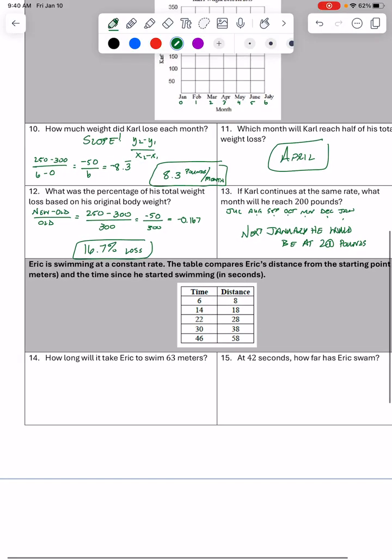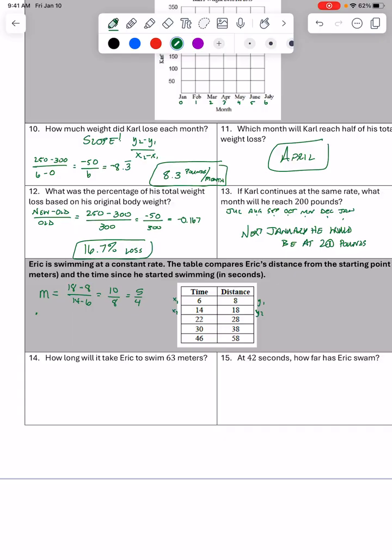Since we have a table here, we can find a slope. Let's just call this x1, x2, y1, y2, right? So 18 minus 8 over 14 minus 6 would be 10 over 8, which we can reduce to 5 over 4. Okay? So we got that.